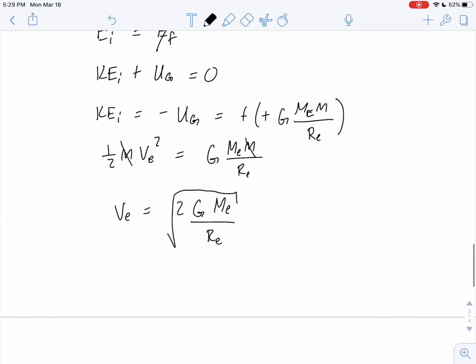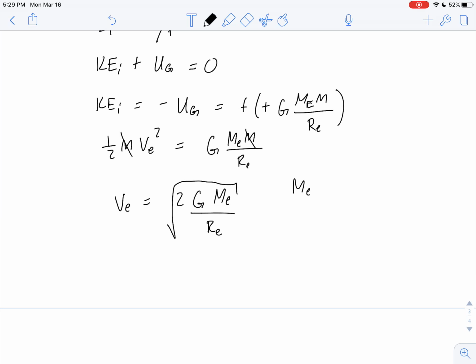Okay, and so here are the values. Mass of Earth is 6 times 10 to the 24 kilogram. I just Googled these values. The radius of Earth is equal to 6.4 times 10 to the 6 meter.